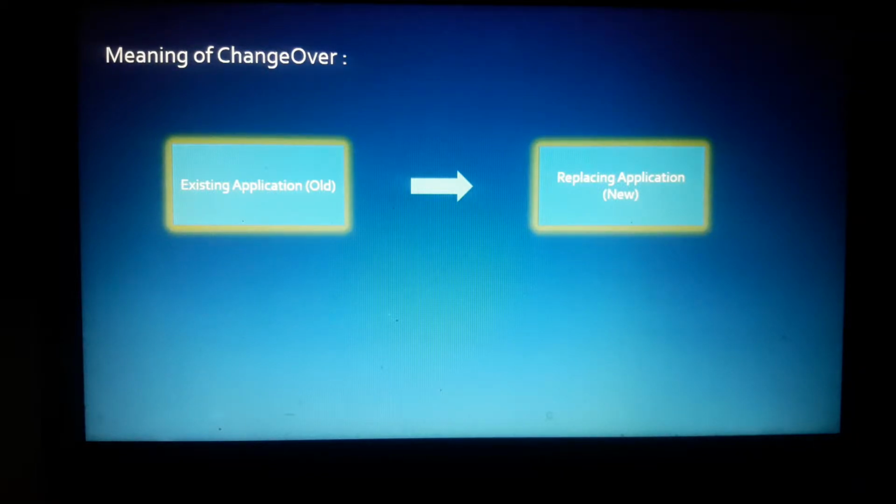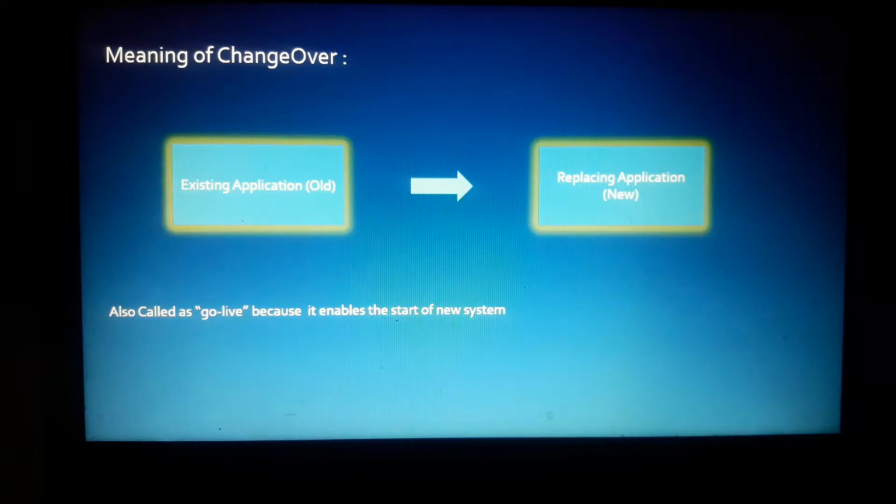There are other names which are given for the changeover. One is called go live. Go live is one of the names given for the changeover, and why it is given is that it enables the start of the new system. As soon as we prepare the new system, we make it live, so we call it go live.